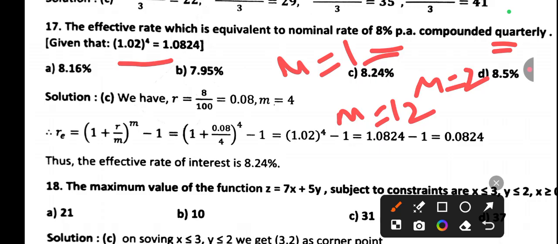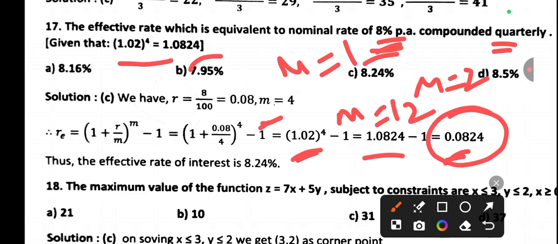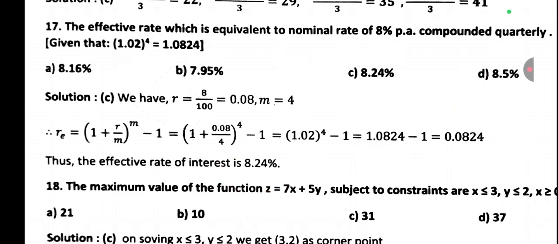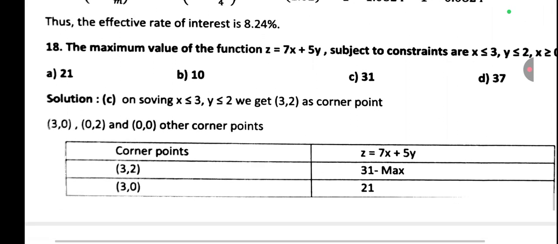So apply the value. r is 8 by 100. So they will simplify it. 1.02 whole power 4, they gave the answer 1.0824. Then you get 0.0824 into 100%. 8.24% is the answer. Option C is the answer.